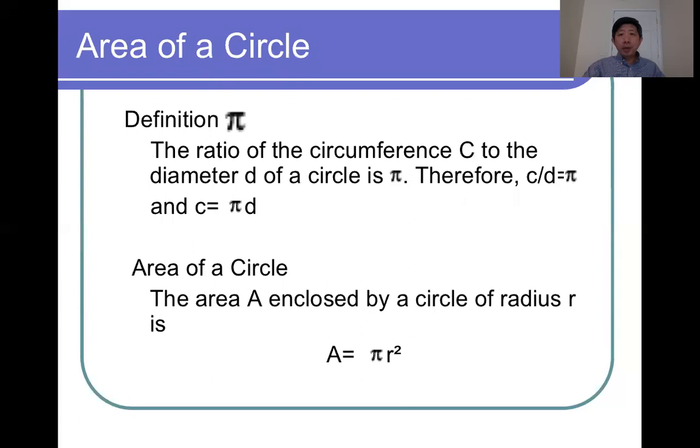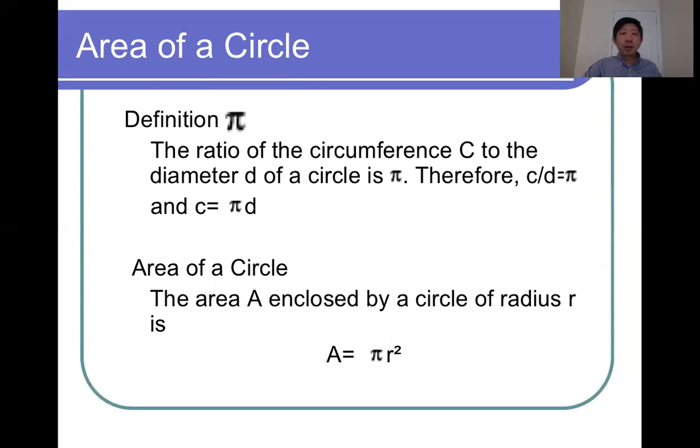Okay, now next problem, area of a circle. Now definition of pi: the ratio of circumference C to the diameter D of a circle is pi. So therefore, we take circumference divided by diameter, which is equal pi.